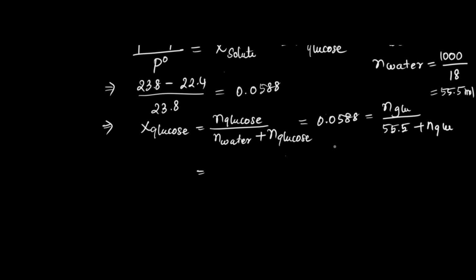While solving this, you will get n glucose to be 3.48 moles. What about molality? Molality is the number of moles of solute divided by the weight of solvent in 1 kilogram.